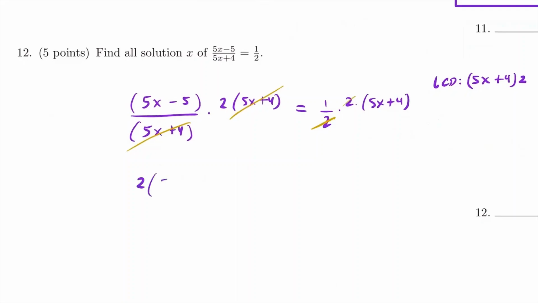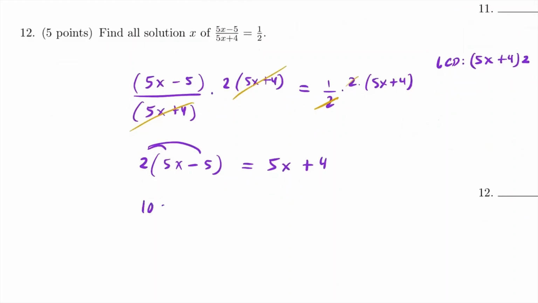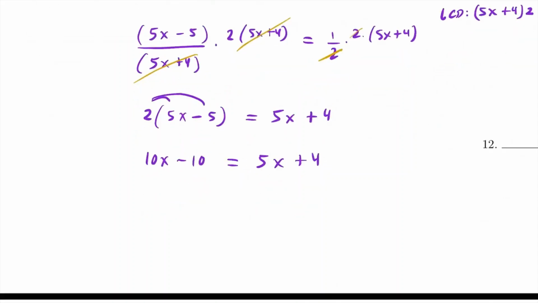We have 2 times 5x minus 5 is equal to 5x plus 4. Here we distribute 2, so that gives us 10x minus 10 is equal to 5x plus 4. And then we isolate x. So I will subtract 5x from both sides. That leaves me with the 5x, and then add 10 to both sides.